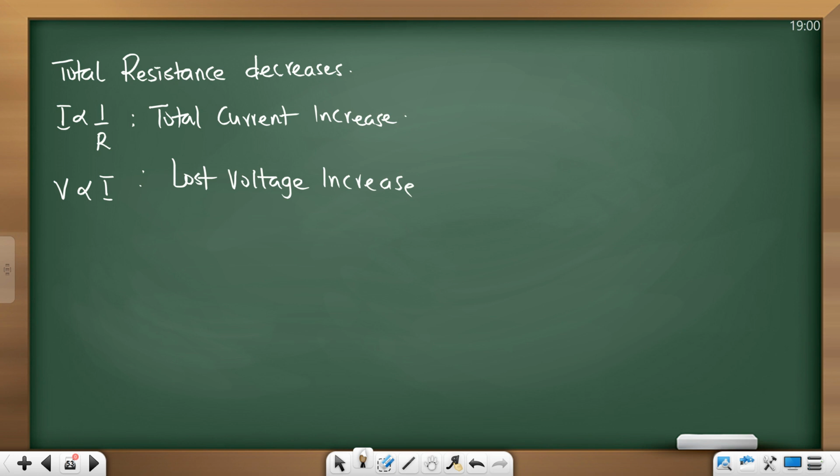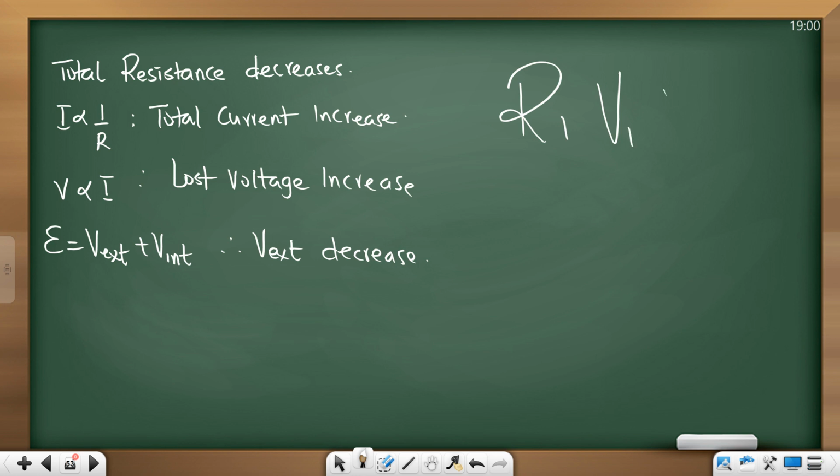But E equals V external plus V internal. Therefore, V external will decrease. This is the formula on every step. So this is what we mean by resistance, current, voltage, internal voltage.